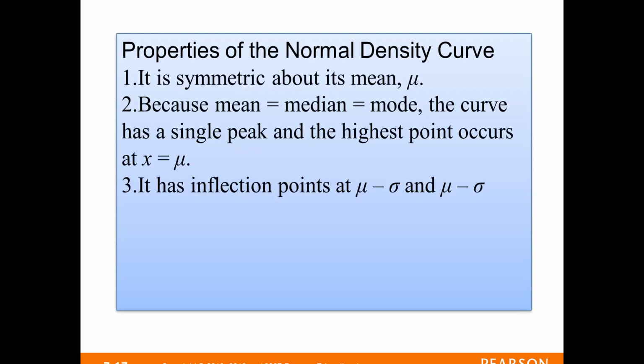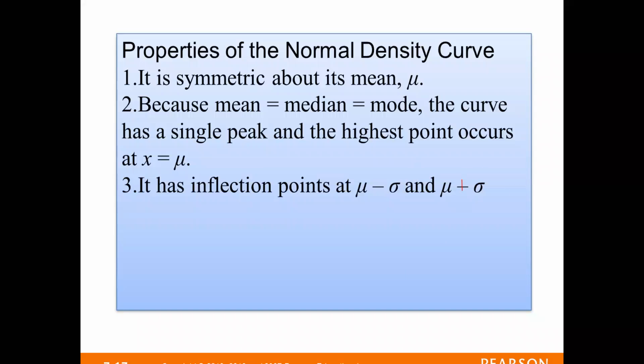Again, that's more of a shape situation where it changes the way that it's cupping based on where these two points lie. And it should have been mu minus sigma and mu plus sigma here.